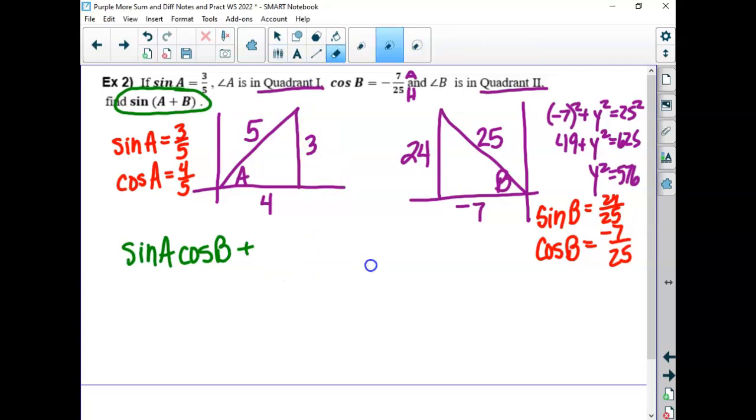I'll fix it just because I don't want anybody to be confused. So it said sine B cosine A? Is that how it said it? Sine A, cosine B, and plus cosine A sine B.